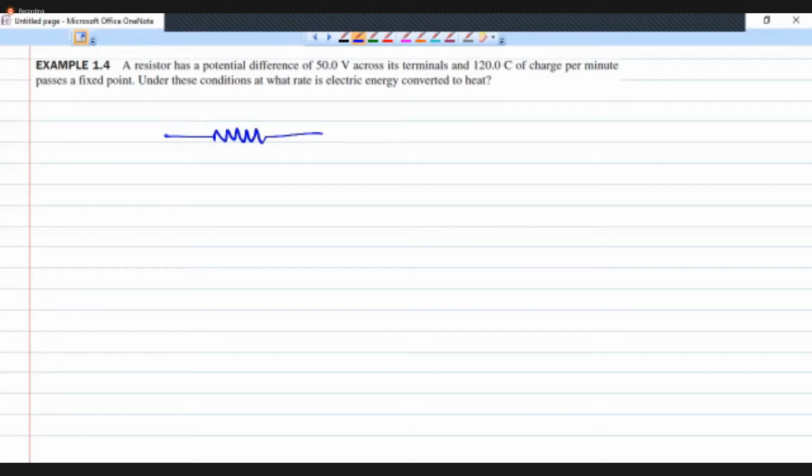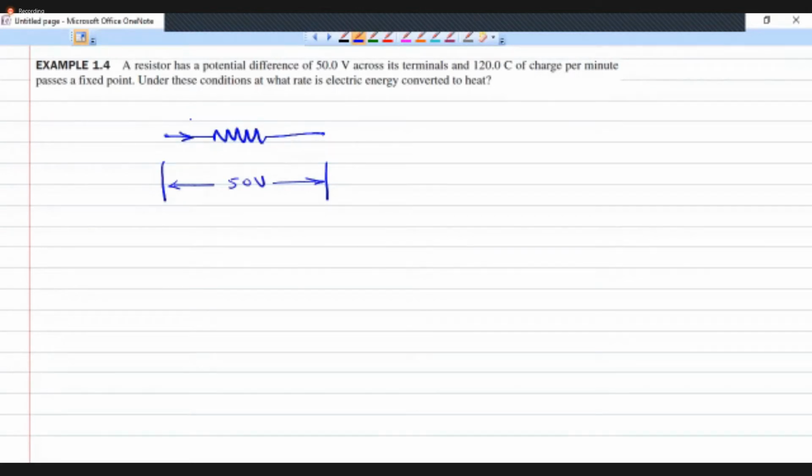So this is a symbol for a resistor or resistance. So we have 50 volt across this resistor, and we have 120 coulombs per minute flowing in this direction, right?